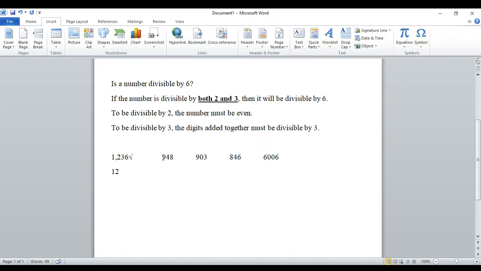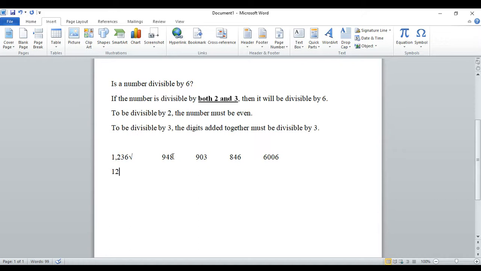So let's look at this next one. Does it pass the first test? Is it divisible by 2? It's even, so hooray. Then we're going to try the second test. Is it divisible by 3? Let's add up the digits. What is 9 plus 4? It is 13. And what is 13 plus 8? It is 21.